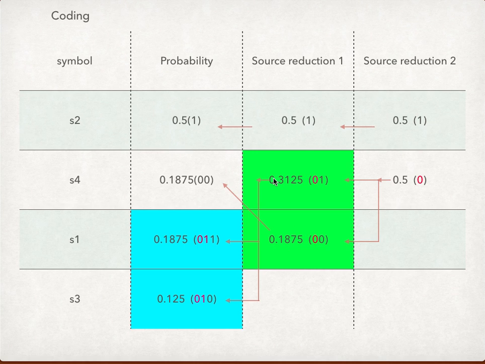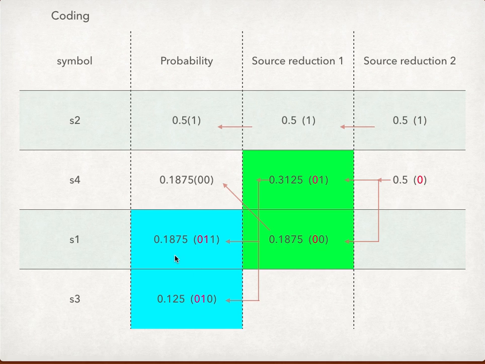Now again, this 0.3125 is the probability of the compound symbol, which is coming from these two symbols. You're adding these two probabilities and getting 0.3125. So 0 1 should be assigned to both 0.1875 and 0.125.